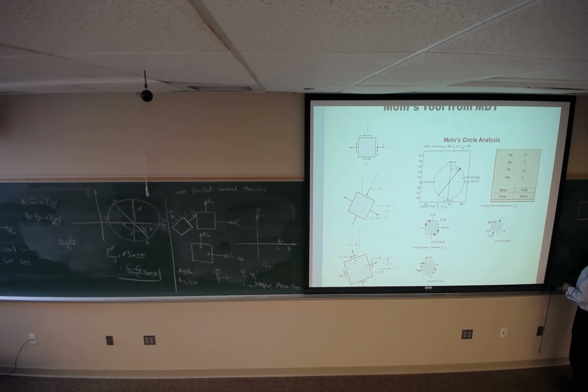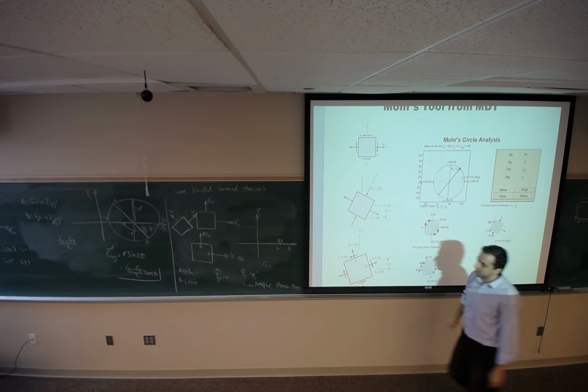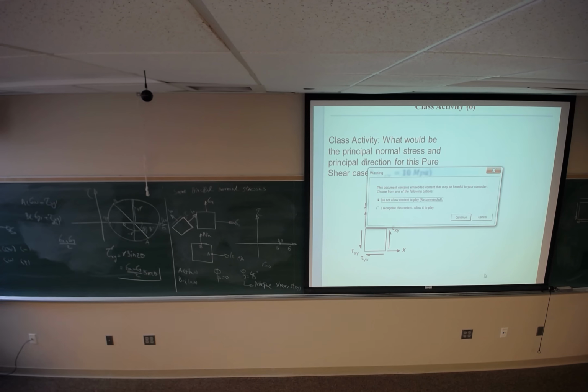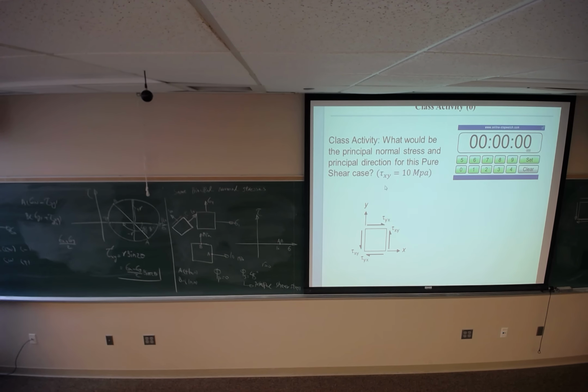Now, as a class activity, draw the Mohr circle for this stress element, which has only pure shear stress. Dr. Rafi? Yes. What does that equation say? I can't read it from here.